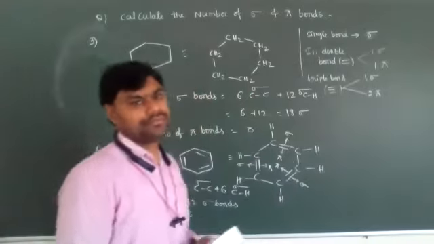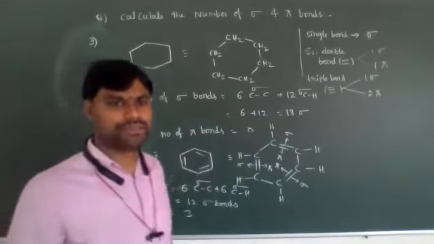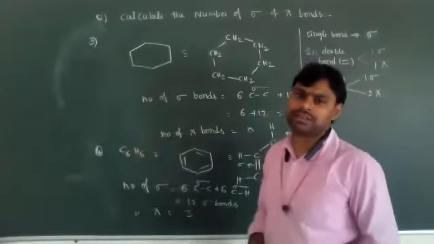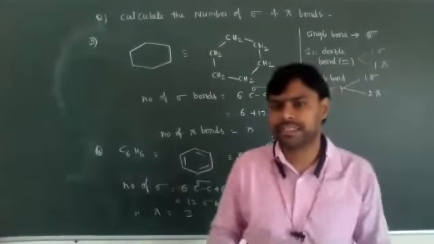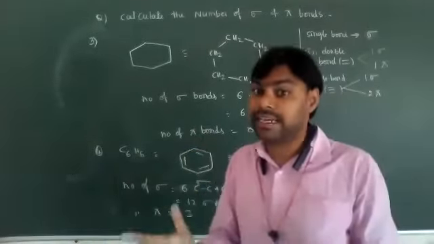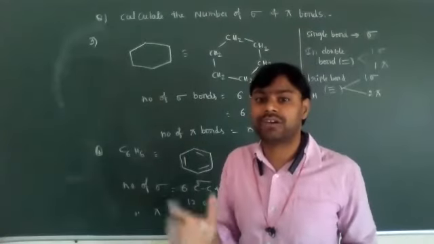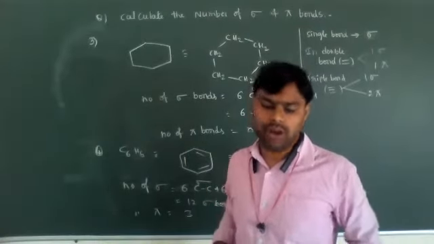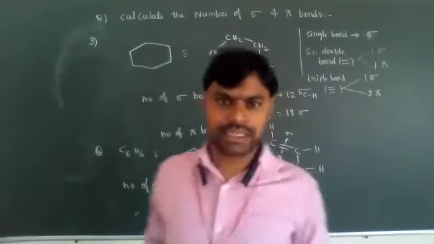Okay. While discussing that objective, I will also discuss one shortcut formula. For hydrocarbons, meaning only carbon and hydrogen atoms are present, how to calculate the number of sigma and pi bonds?